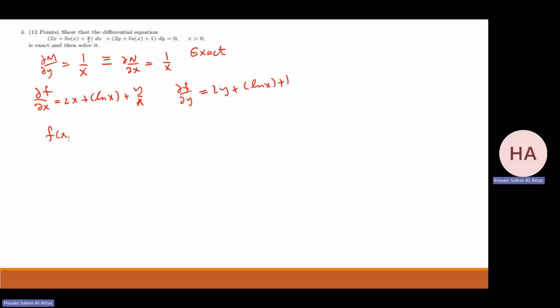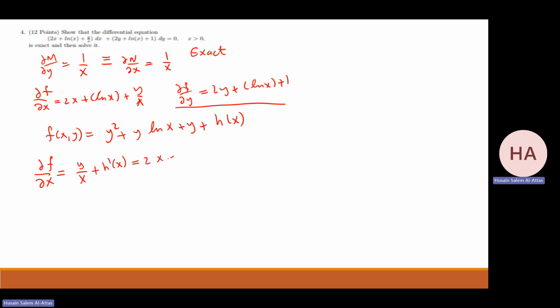So I have f of x and y will be y squared, starting with this one, plus y ln x plus y plus a function of x. Partial f with respect to x will be what? y over x plus h prime of x. And that should be equal to 2x plus ln x plus y over x. So h prime of x is 2x plus ln x.